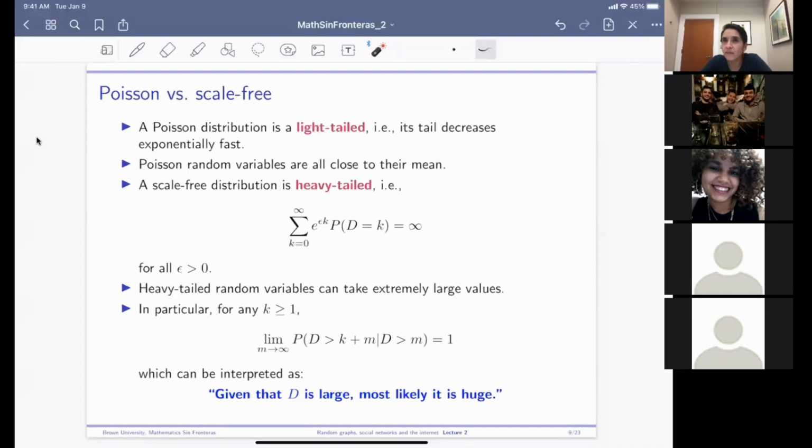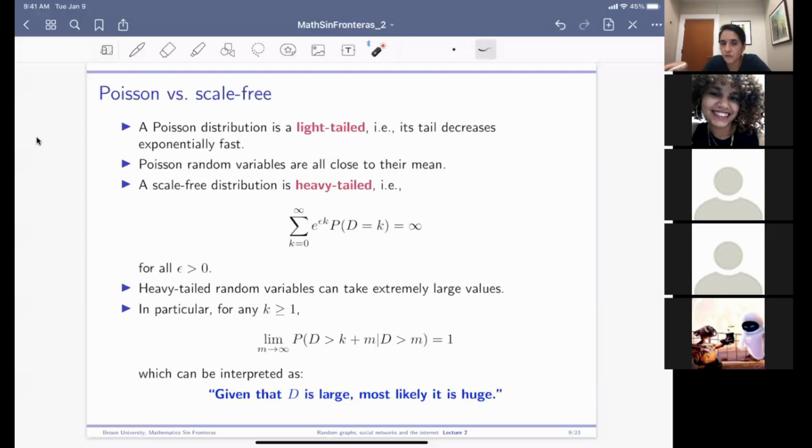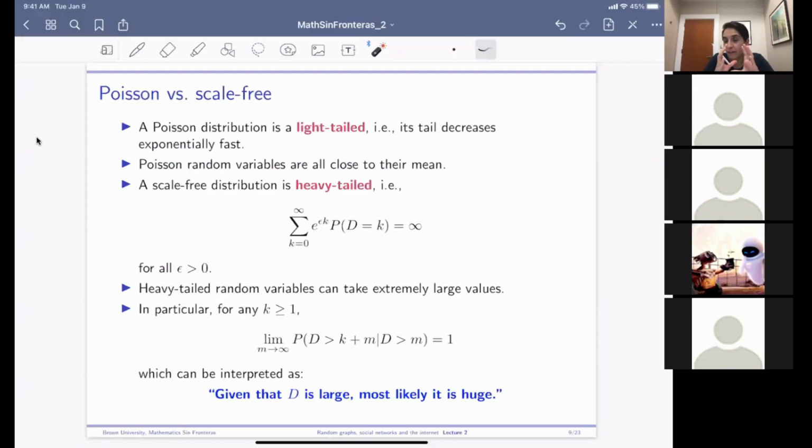And when you have tails that converge so quickly to 0, most of the probability is concentrated around the intermediate values, in particular around the mean. When something is very concentrated around the mean, there's not much variability. I can throw a coin, I can throw a die many, many times, but on average, it's going to look close to its mean.